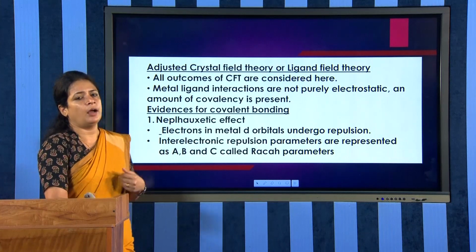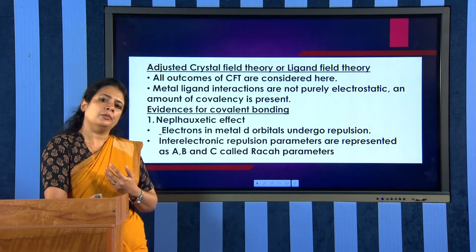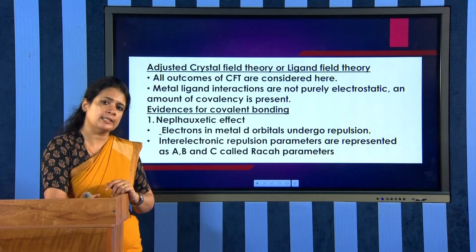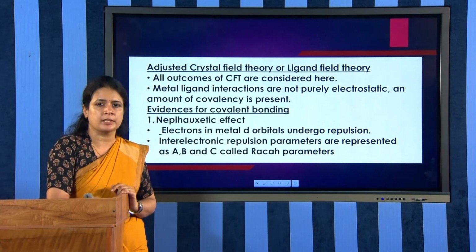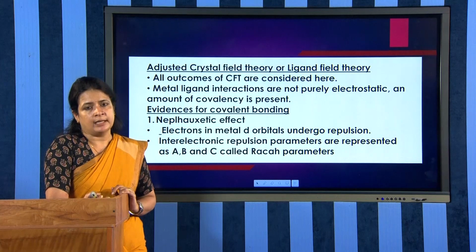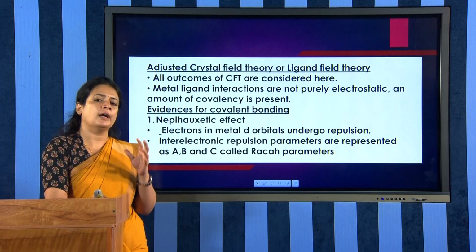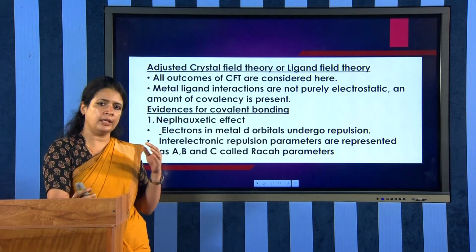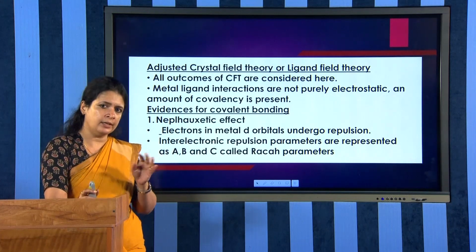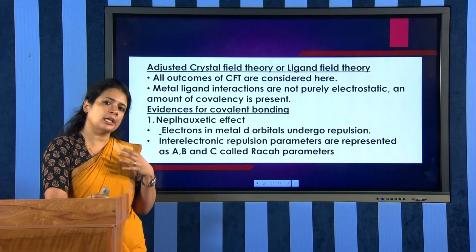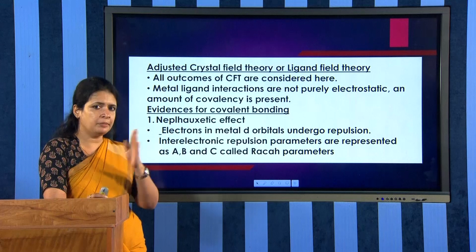Before that, I have to say that we have d orbitals and d electrons, that is, electrons which are occupied in the d orbitals. In the metal, the d electrons will have a kind of repulsion. When the electrons are filled there, there will be repulsion, and that is the interelectronic repulsion between the electrons.